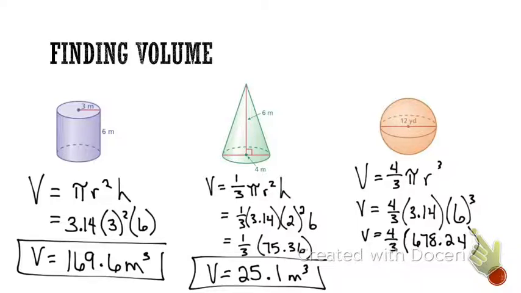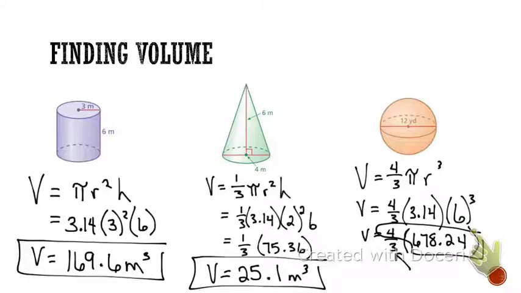So you want to take this number and first multiply it by 4. All right, so 678.24 times 4. Okay, you get 2,712.96, and then you divide by 3. All right, so when you're multiplying a whole number by a fraction, multiply it by the numerator, and then divide by the denominator.